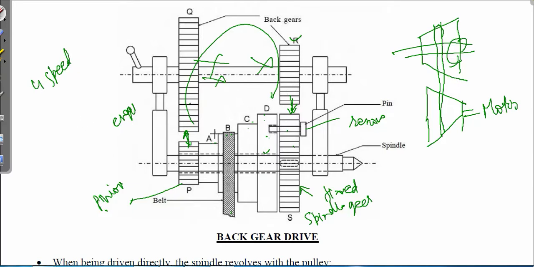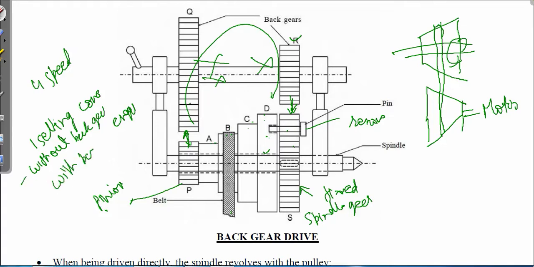So suppose this belt is on this B setting, then we have two speed ranges. One setting of the cone is without back gear, and one setting is with back gear.